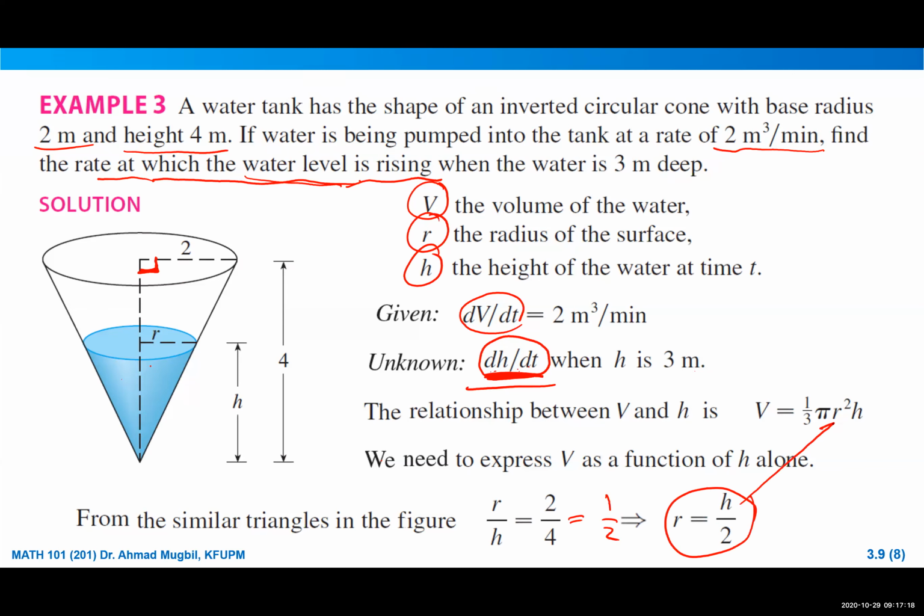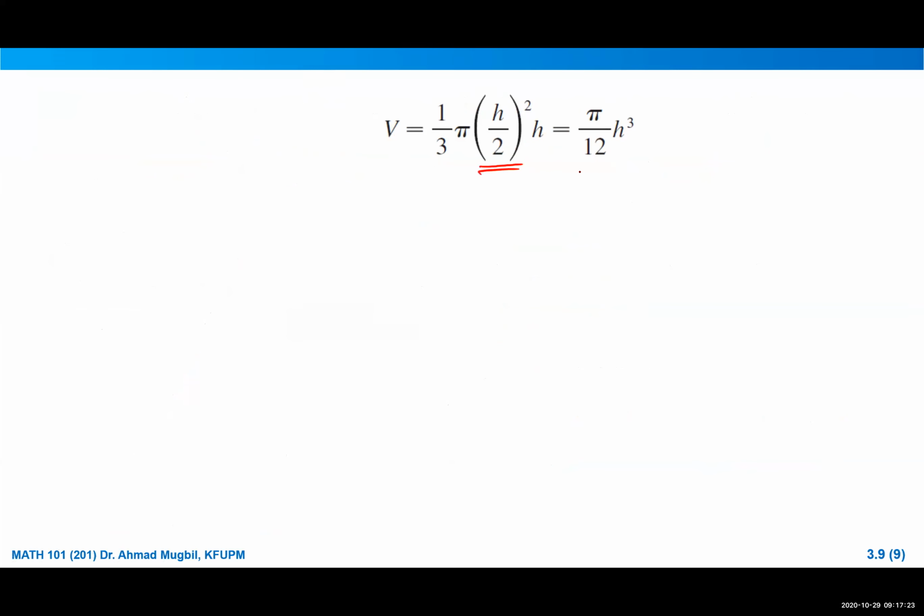Yes, we will square it and put it here. So look what we will do. We will write H over 2 instead of R, and we will square it. This is now the function. Now I have V as a function of H only. So it is a function of H, not a function of two variables.